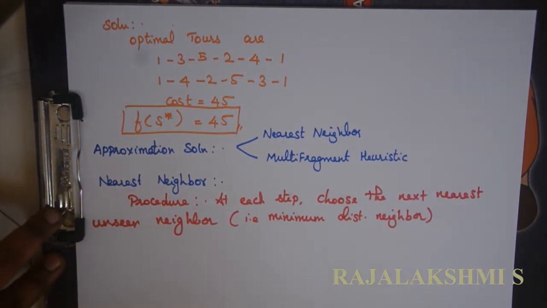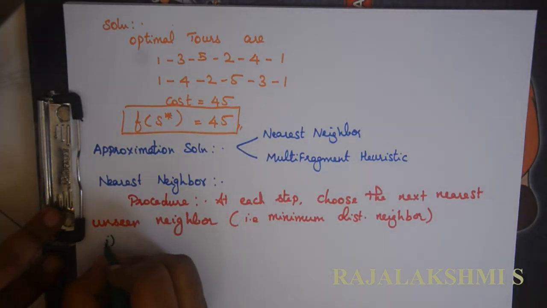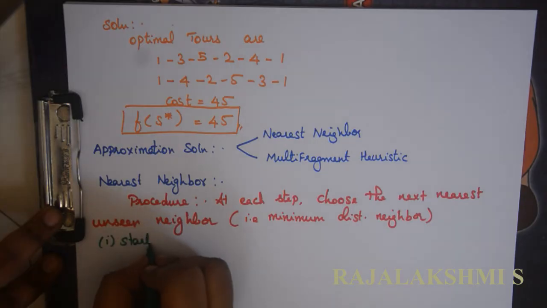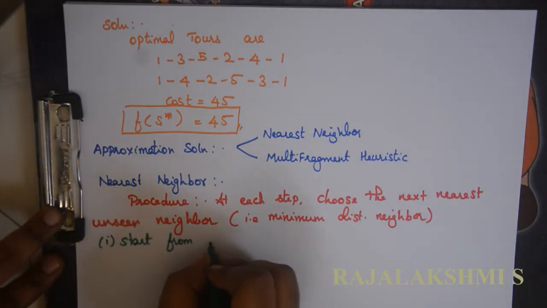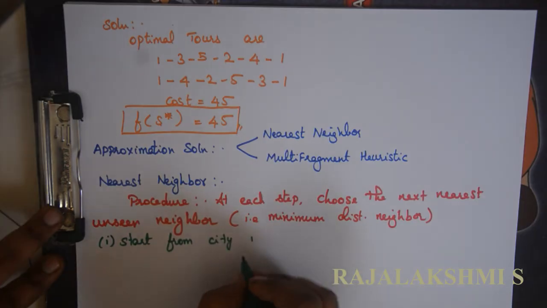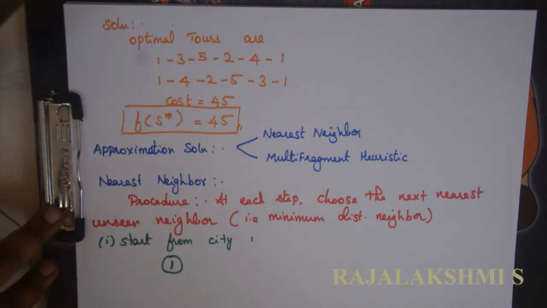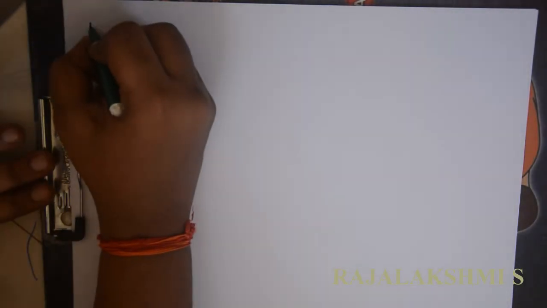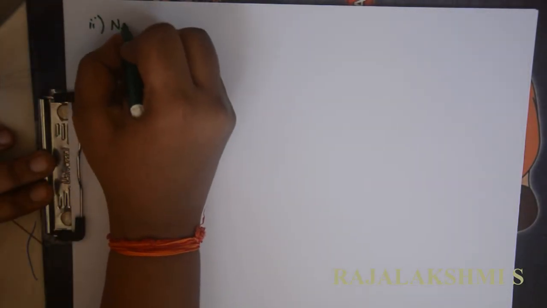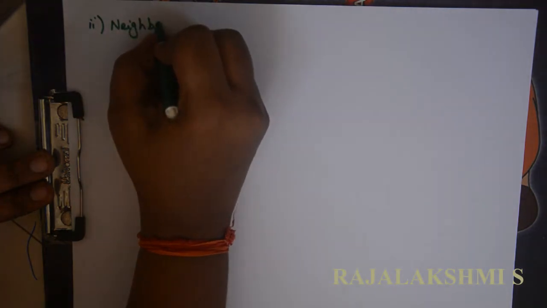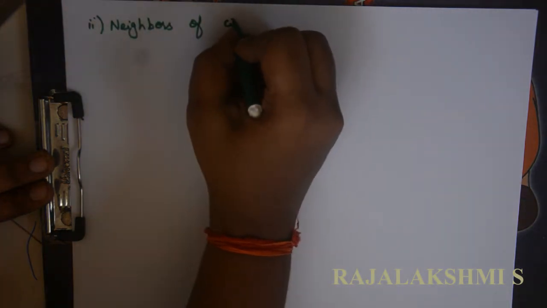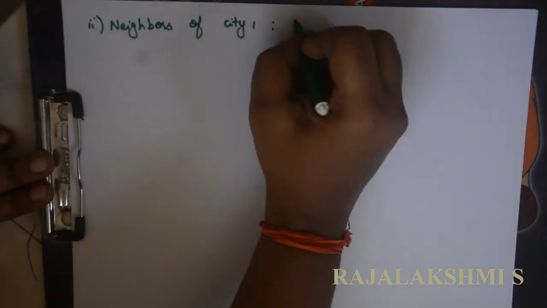Okay, so we will start from the city 1. This is given in the problem itself. Step 2. Neighbors of city 1. So who are all the neighbors of city 1? From the city 1, those having edges are considered to be the neighbors.